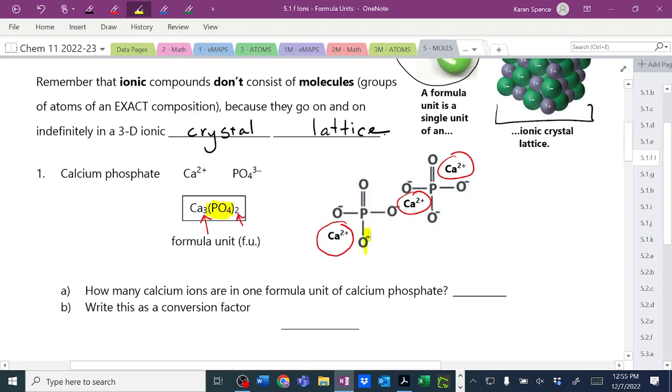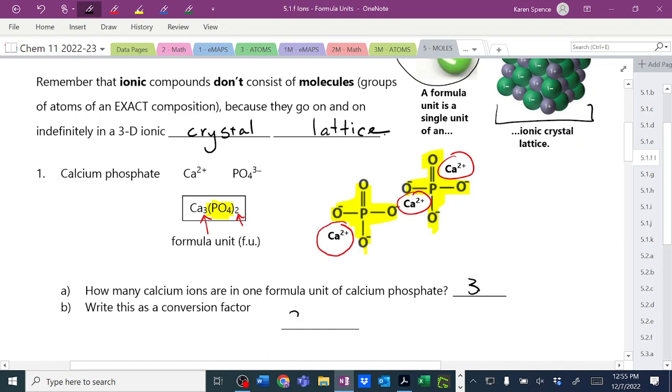So here's our phosphate, here's our phosphate, so there's 2 phosphates. How many calcium ions are there in one formula unit of calcium phosphate? 3. Super hard. Let's write that as a conversion factor.